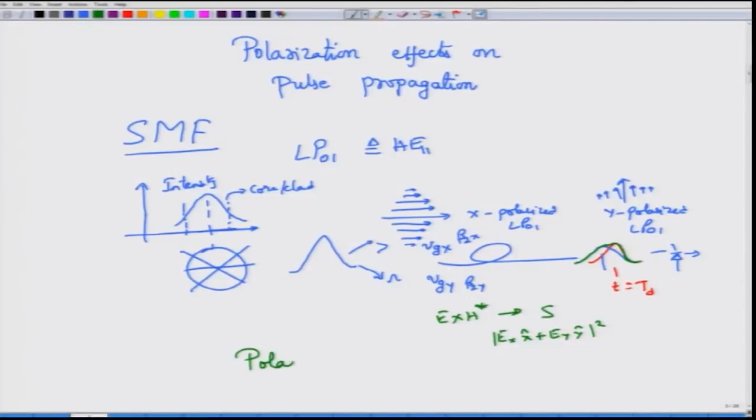But when they do not arrive at the same time because of this birefringence or the residual birefringence in the fiber, the overall pulse when it arrives will be distorted, more or less spread out, and in very severe cases they may interfere in such a way that they actually cancel each other. This phenomenon is called polarization mode dispersion.